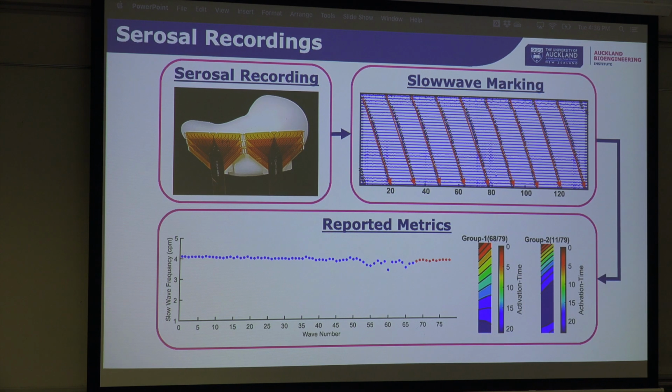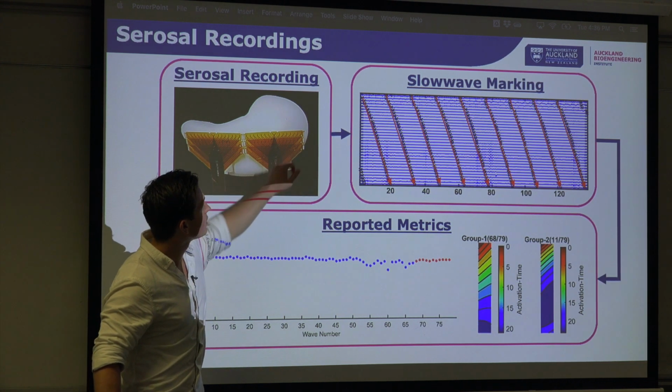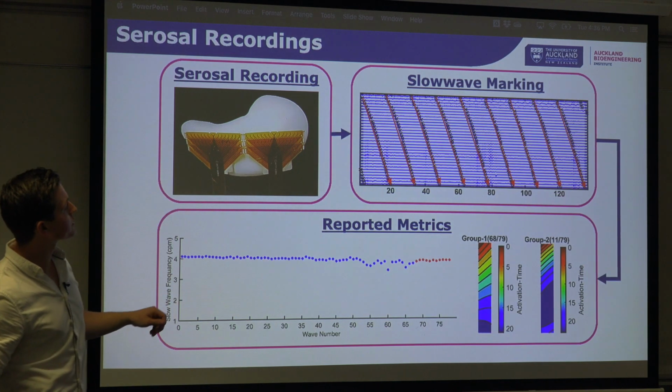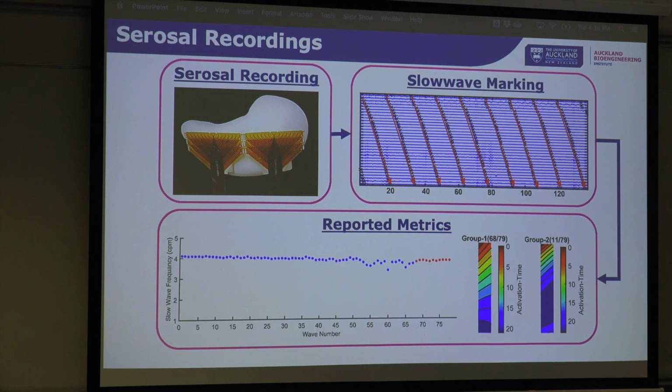The first thing we have to do is mark the slow wave data, which can be seen here. So we're looking for those spikes and those signals across all 192 channels and marking it with time. So here we see a full row of electrodes, and you can see that propagation is going down the stomach in a stable manner.